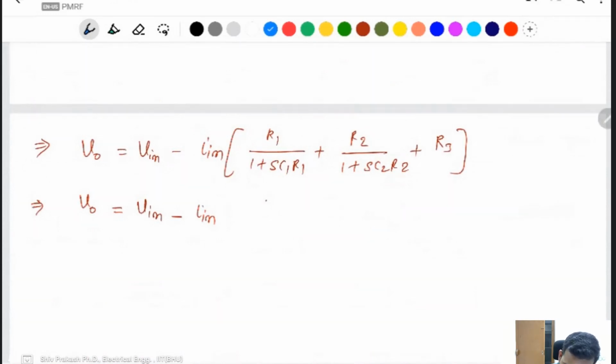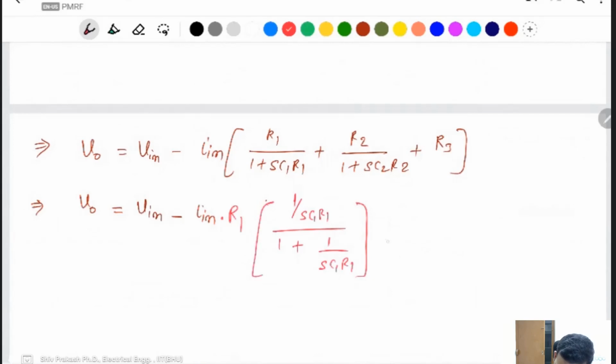So like that, I made this one R1. Take R1 common, take 1 by S C1 common: 1 by S C1 R1 divided by 1 plus 1 divided by S C1 R1.